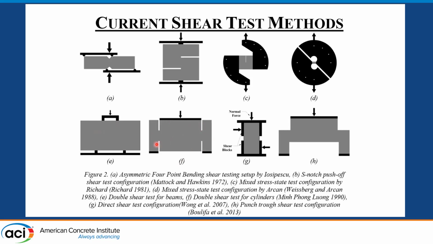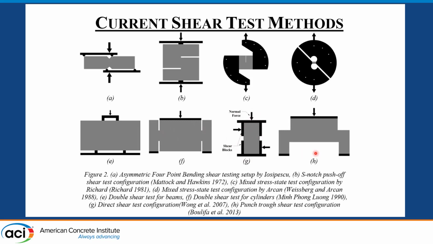Basically, these are two concentric cylinders, and we apply the load in the middle, and we expect to generate pure shear in the connecting web on both sides. G is sort of an ideal way to generate shear, but it's very difficult to do in practice.